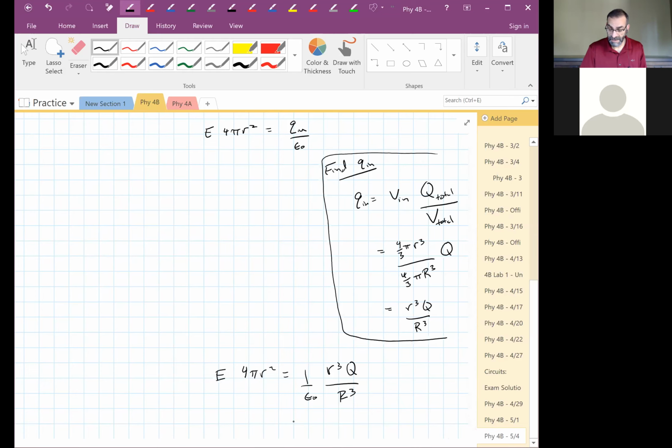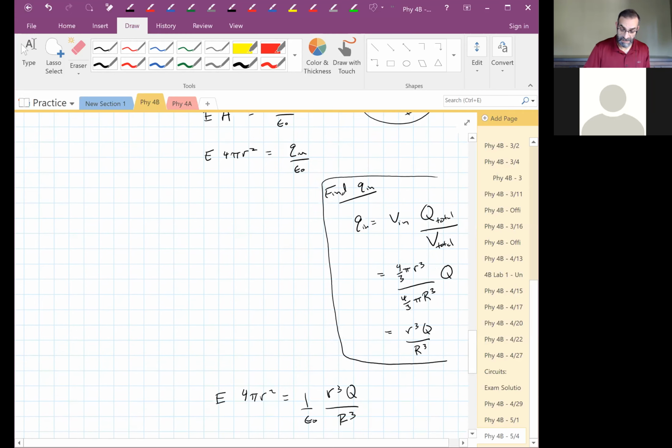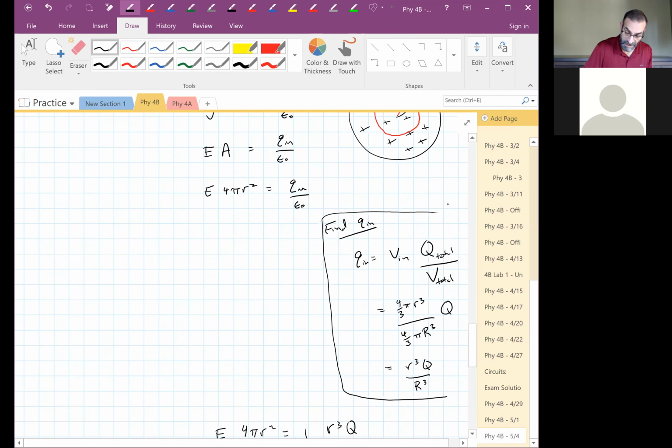This is Gauss's law. Q in equals V in times the density. Right? This is the density here.